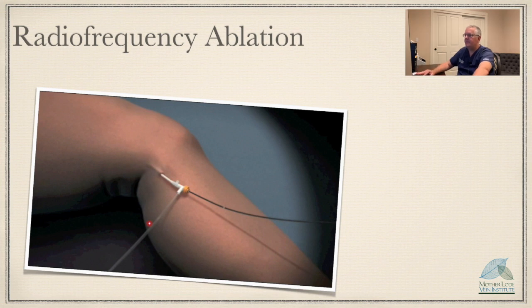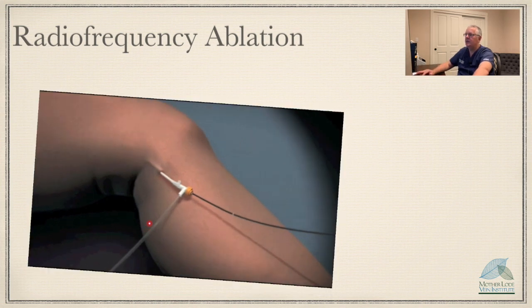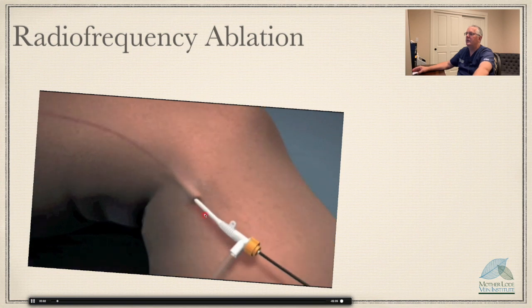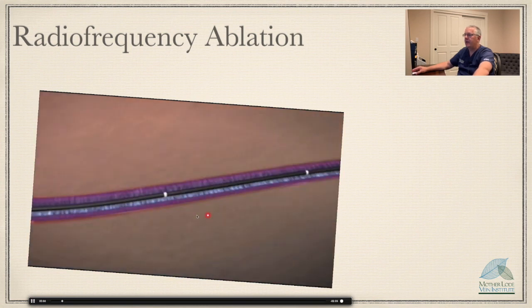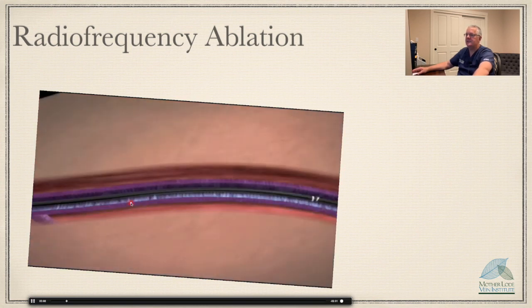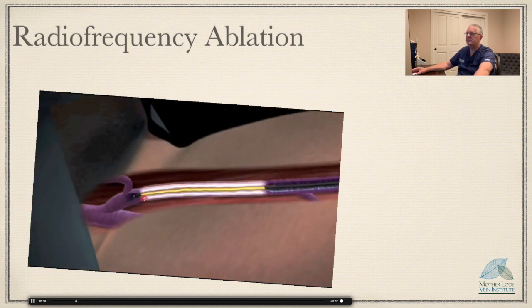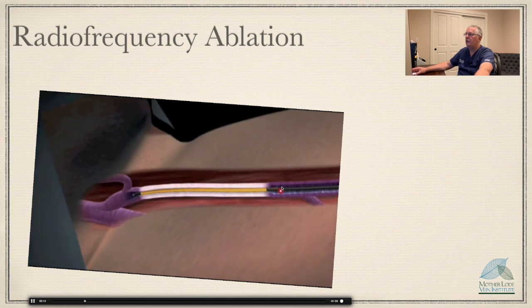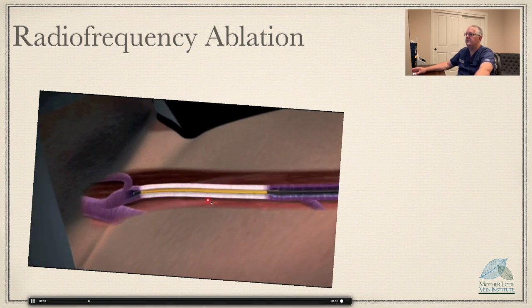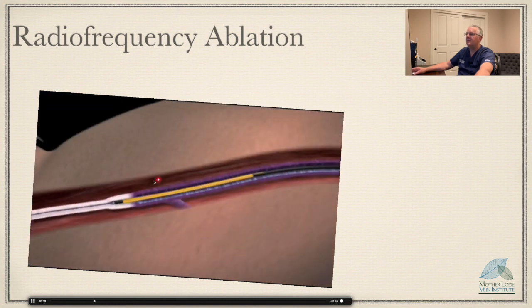And this is an example of radiofrequency ablation, where we use the ultrasound to gain access to the vein. In this case, it's the great saphenous vein, which is the more common vein that usually has reflux. And then we infiltrate in this area around the vein lots of local or tumescent anesthetic.